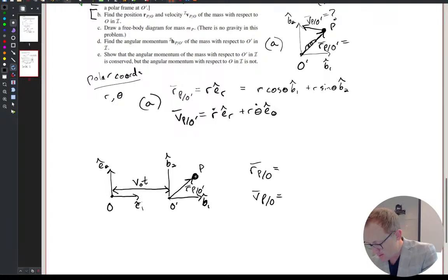So then where do I add that V0t to describe, because that's kind of the relative position, right? Because what we're saying here is the position of P with respect to our fixed person, O, Oliver, fixed Oliver versus moving Oliver, O prime, Oliver, two L's.